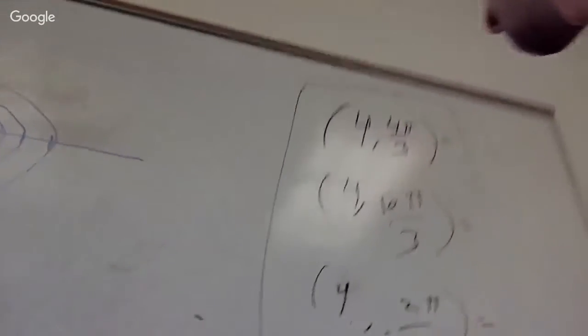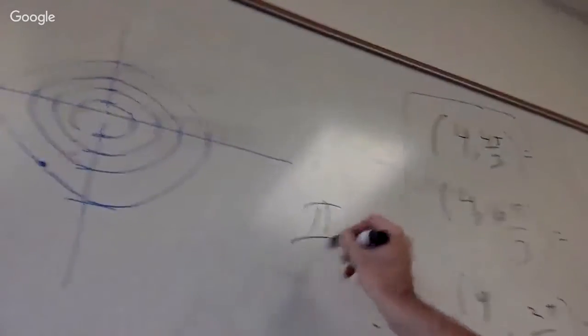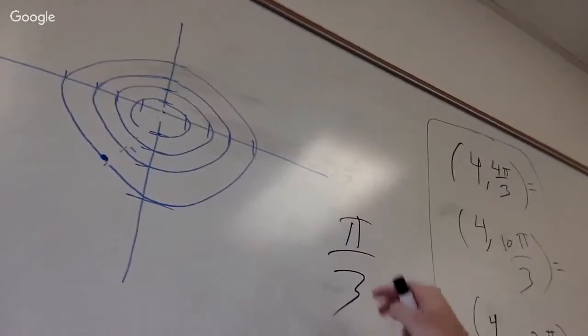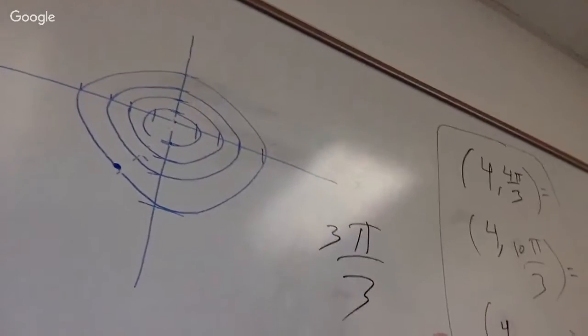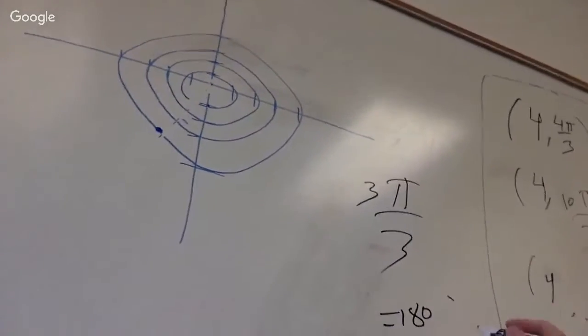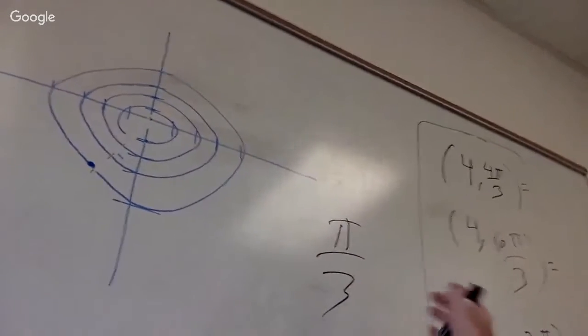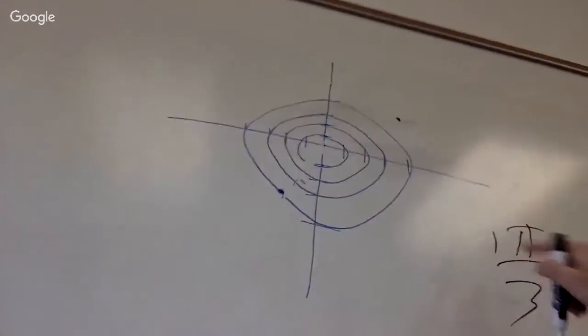So anyways, we know that if we go around the circle, pi over 3, if we go 3, this is equal to 180 degrees, right? That makes sense? Yep. So this is saying we're going 60 degrees one time, which puts us right here.